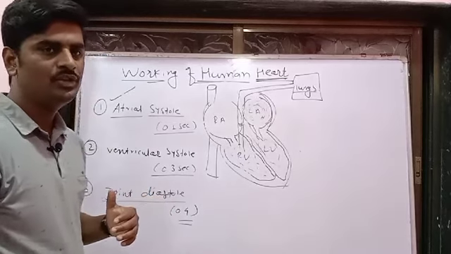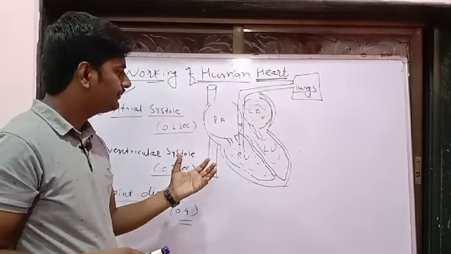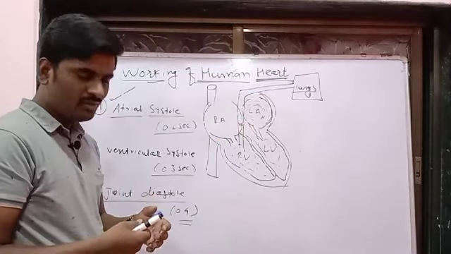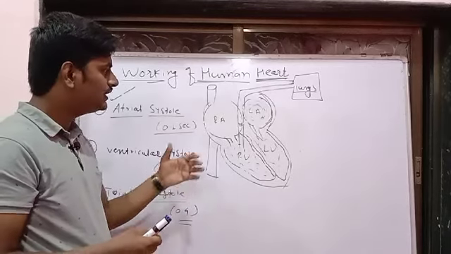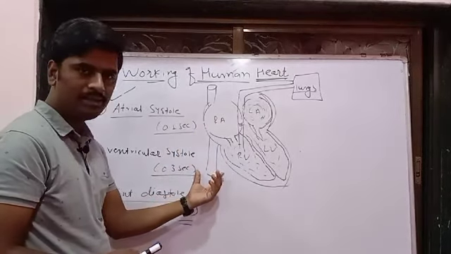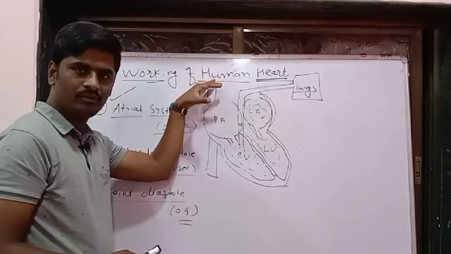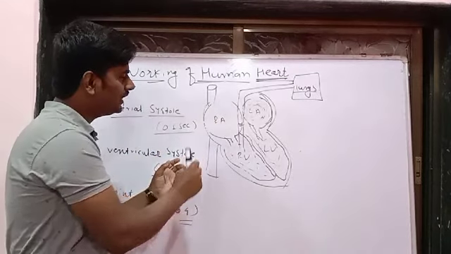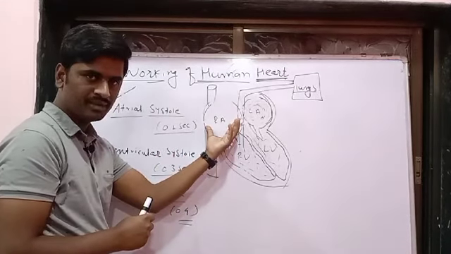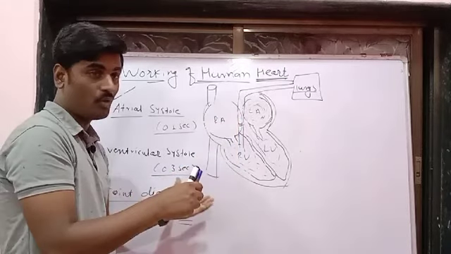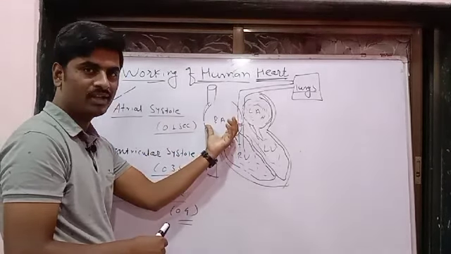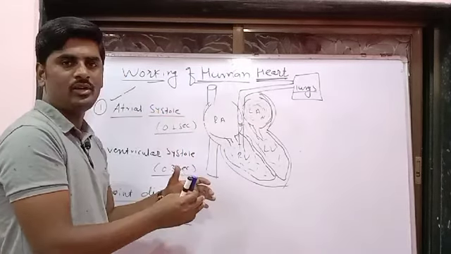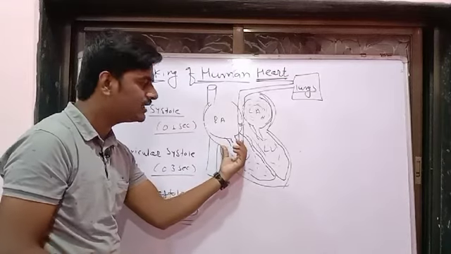Many times students do not get why the tricuspid valve is present on one side and the bicuspid valve on the other. Let me give you a trick. The deoxygenated blood from the overall body is received by the right auricle, so it takes large pressure, and to resist that large pressure the tricuspid valve is present.